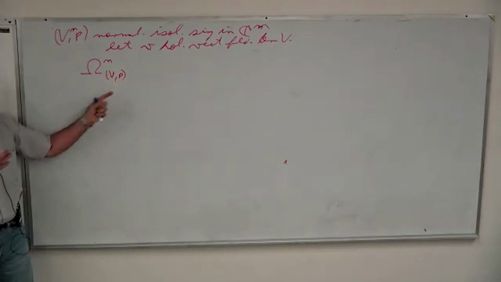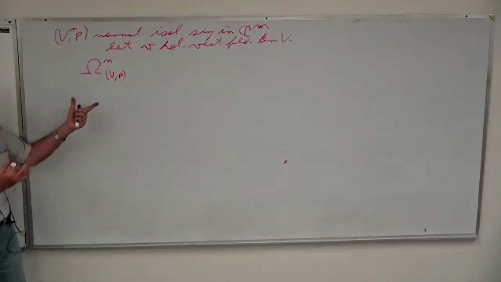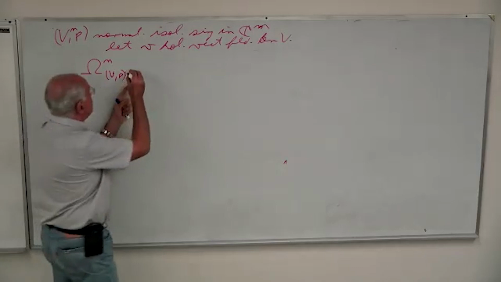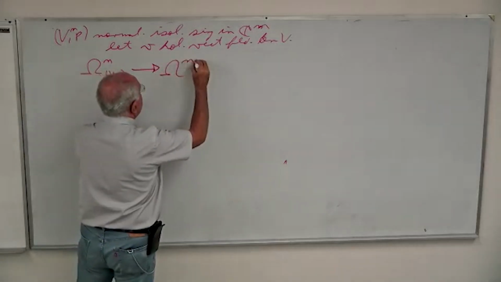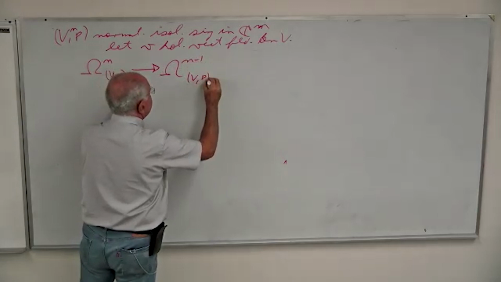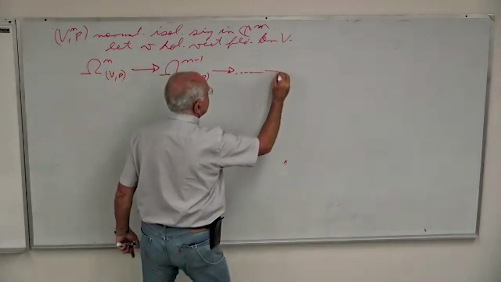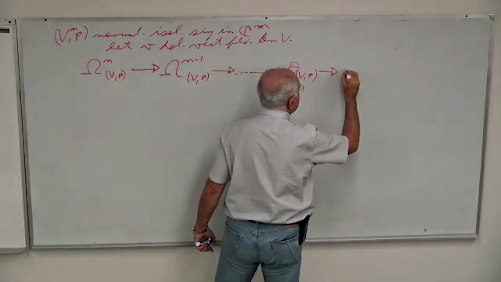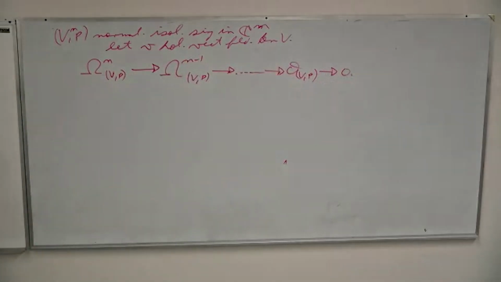And then you can show that this is the contraction invariant space, but you can show that it is well defined looking at the Kähler forms on V. So the contraction gives you a map into omega n minus 1 of V P. And then you contract again. Finally, you come to the holomorphic functions, and you go to 0. Okay. This is a complex. You can take, and it's easy to see that the homology groups of this complex are finite dimensional.